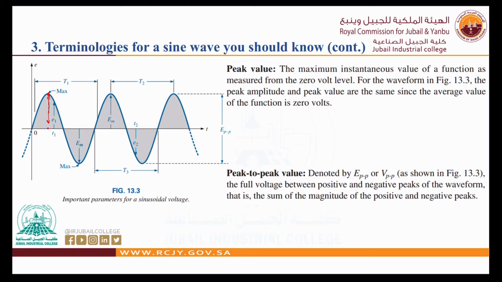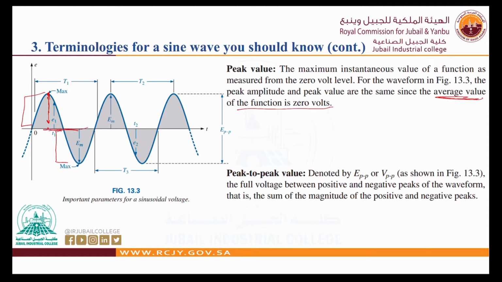So this is a condition. When I have a 0 average value, I mean that this portion of the AC wave is equal to this portion, so the average is 0.